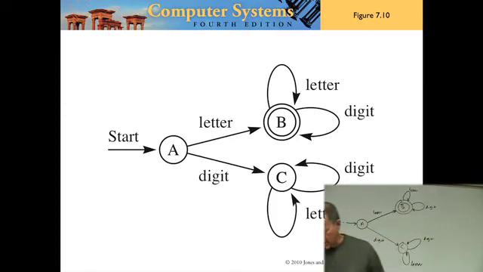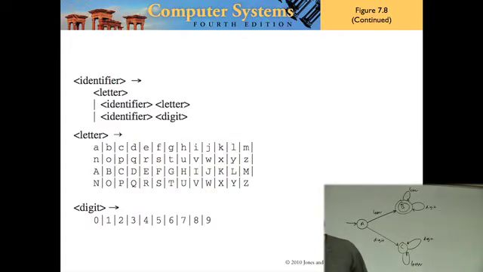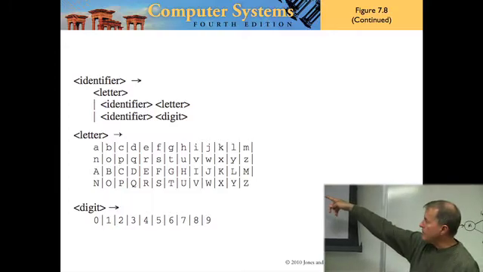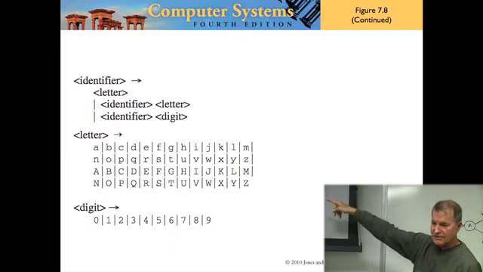I thought it was one of the last ones here, Figure 7.8. An identifier is either a letter, or an identifier followed by a letter, or an identifier concatenated with a digit. So there are three production rules.